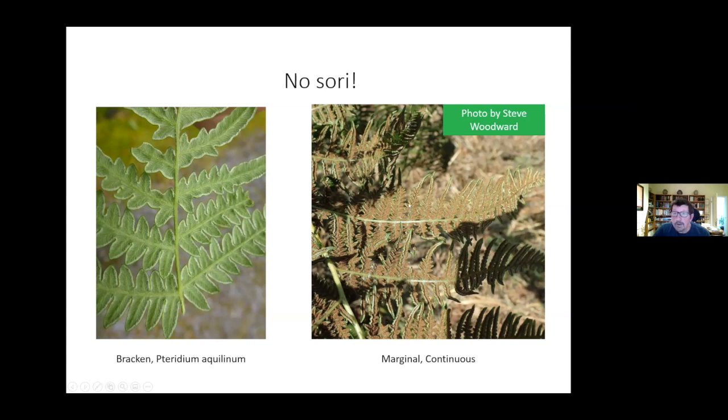So these are all the sporangia that are formed, and the indusium in bracken is along the margins and it's continuous, so it's like one long ribbon of sporangia that form along the edge of the leaf. So that's quite an unusual event. It happens every few years or so, but most years, you won't find it at all. So they're marginal here.